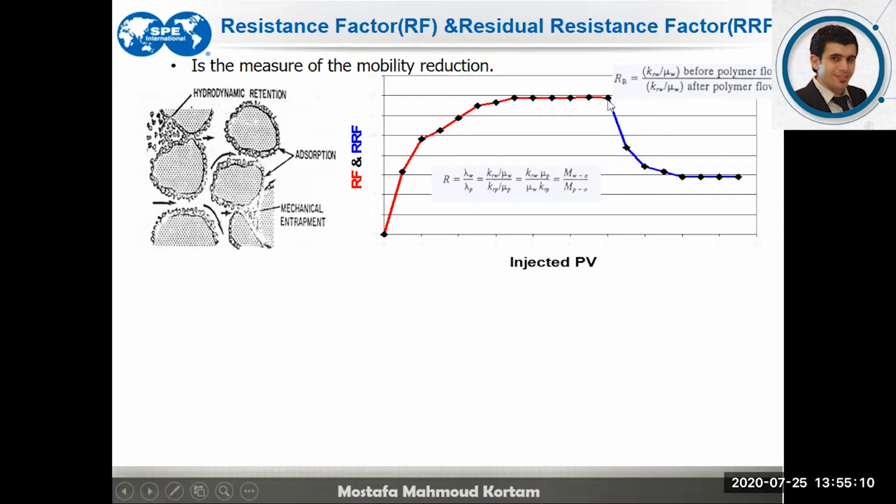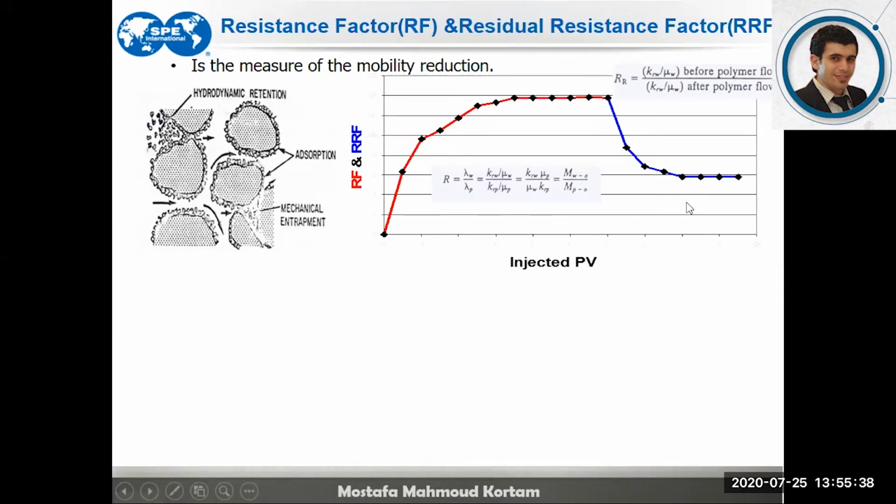Later, if we displace the polymer with the water, it can't be returned back again to the original state. There is some residual and some differences. So this kind of offset is what we call a residual resistance factor, which represents the mobility of the water after the polymer with respect to the mobility of water prior to the polymer flooding.